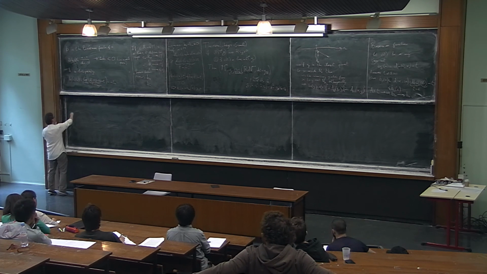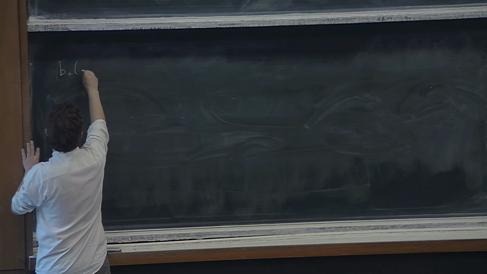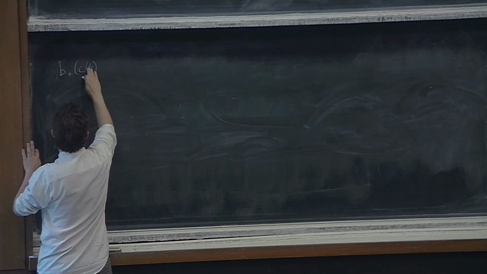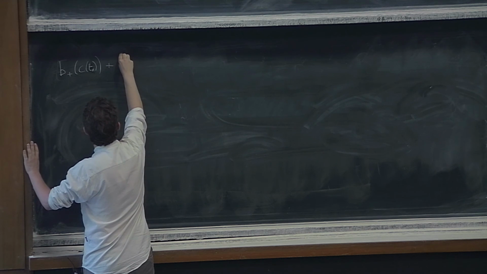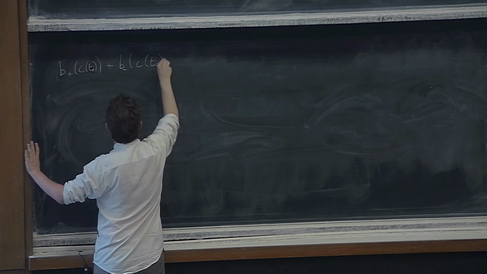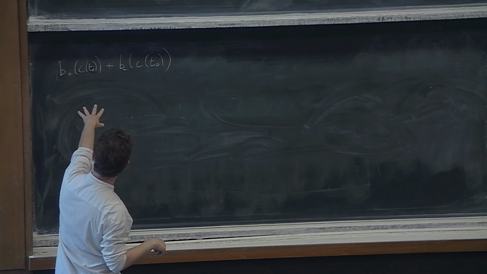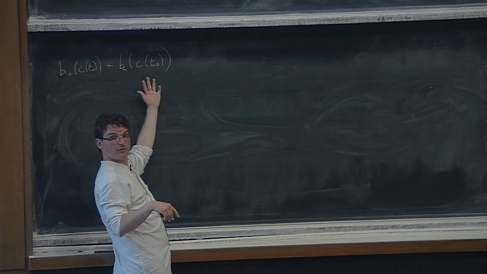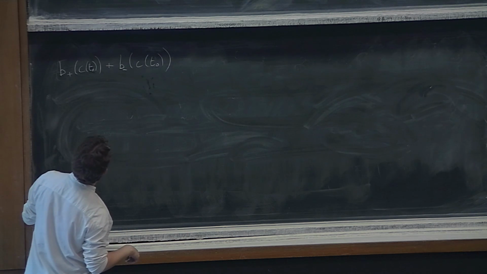So what is b plus of c of t, maybe let's call that t naught, plus b minus of c of t naught? Well, I should give the full proof.